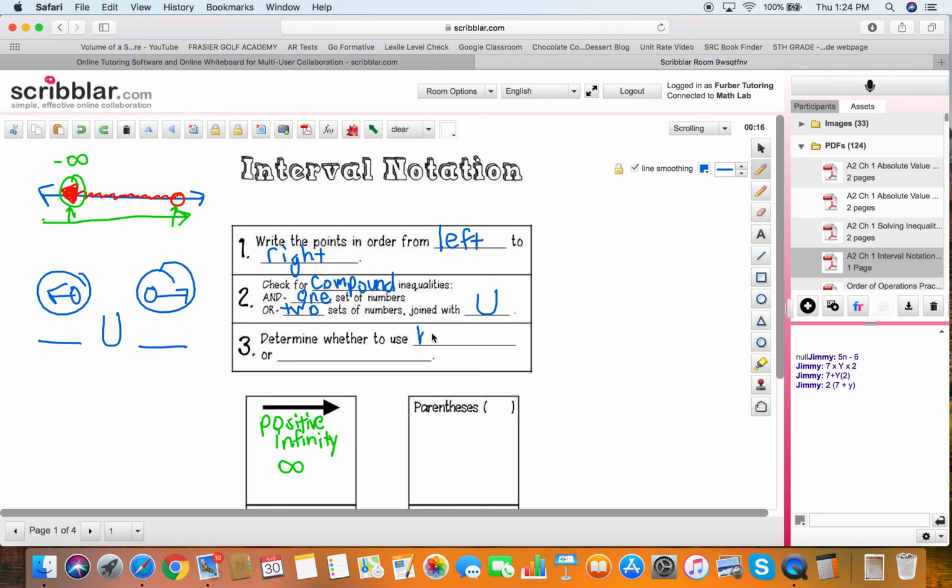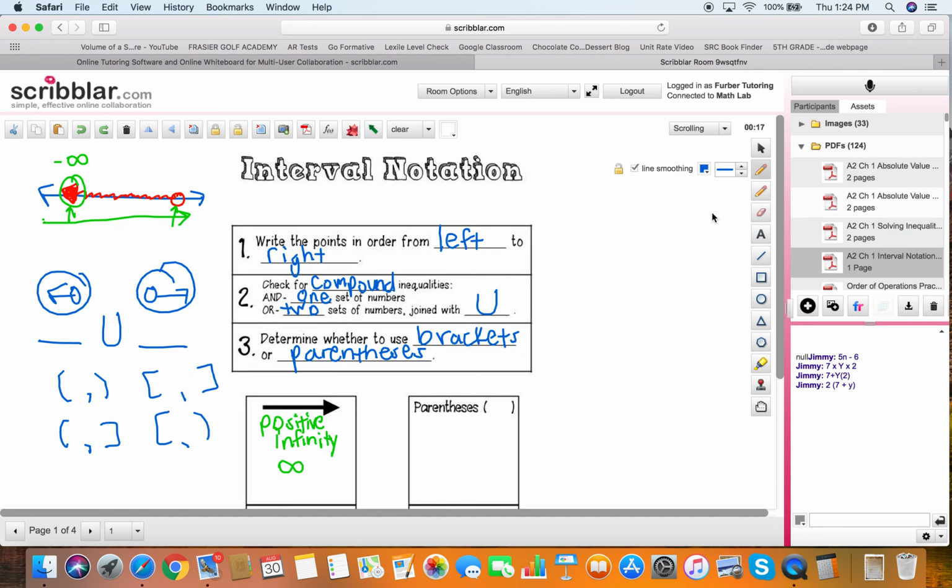And then the last thing is we are going to enclose our points in either brackets or parentheses. And we might use brackets on both ends. We might use parentheses on both ends. So the coordinates might look like this. They might look like this, or they could have one on one side and brackets on the other. And the way to determine this is determined by two things.